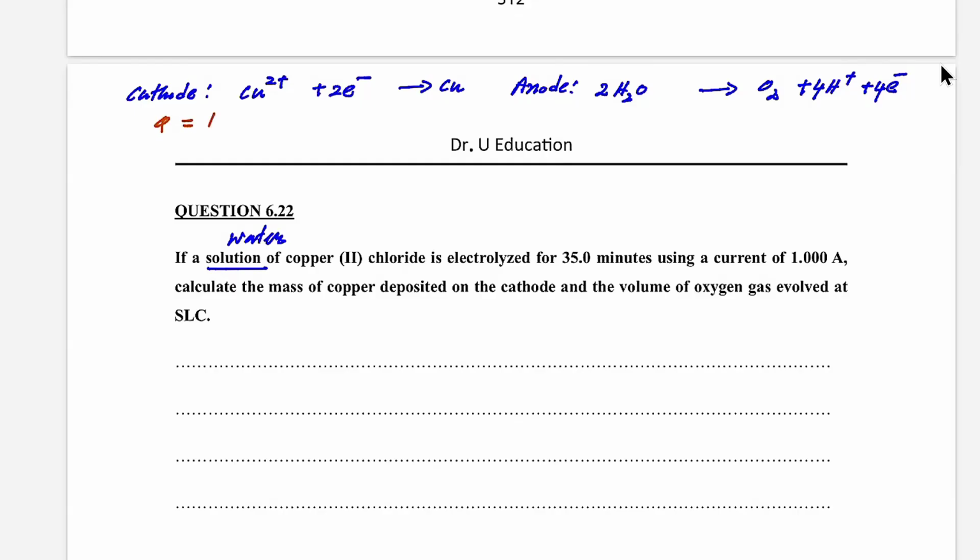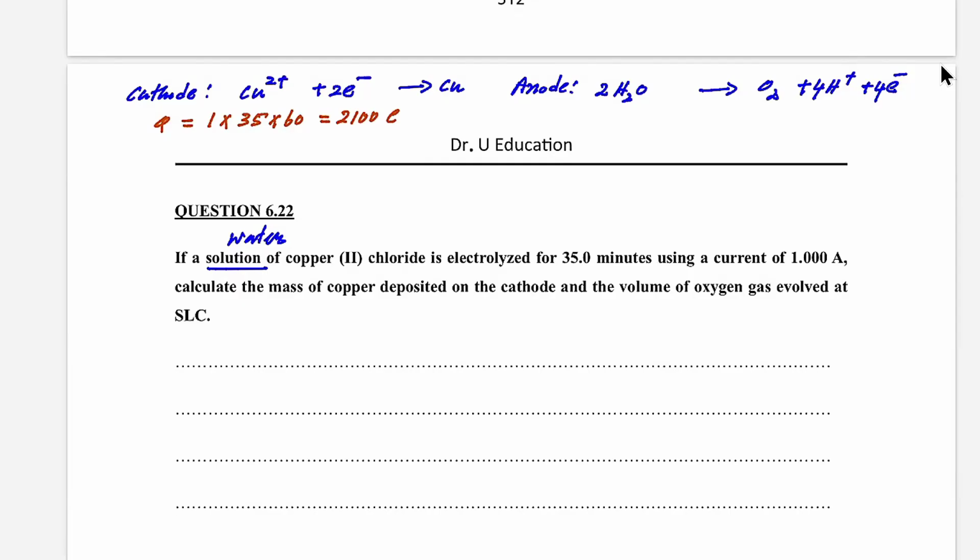So I is 1, T is 35, but you have to multiply by 60 to get the seconds, right? How much is that quickly? 35 into 60? 2100. Right? Cool.